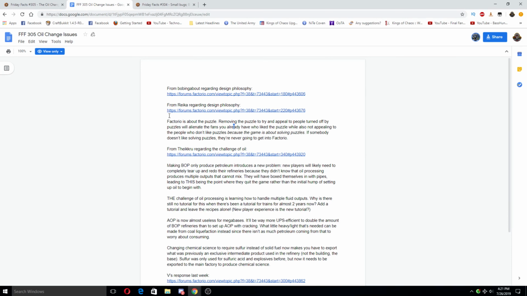Like, I see the goal of these changes was to continually get newer players into the game. But if they don't like the core design philosophy of your game to begin with, they're not going to play it. Like, for me, this is a separate example with a different game, but Borderlands is a hugely popular game series.